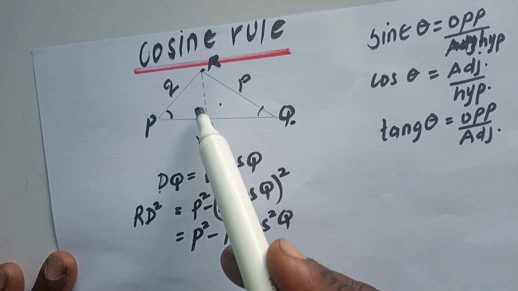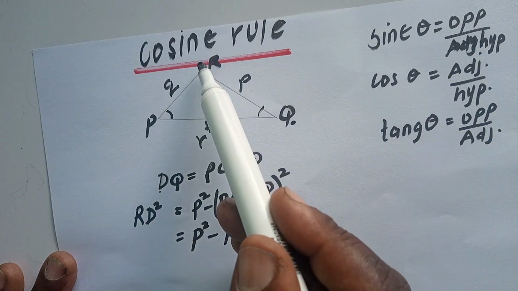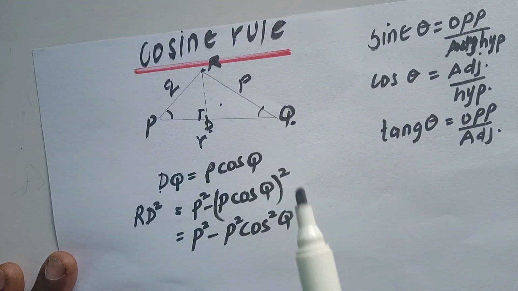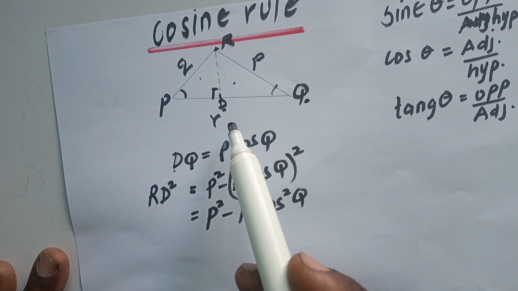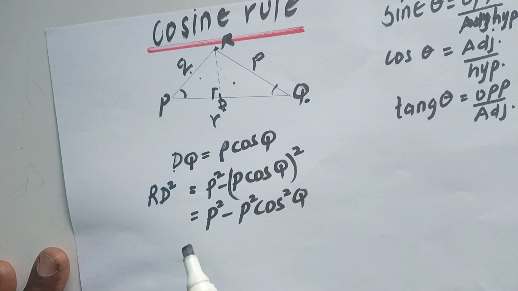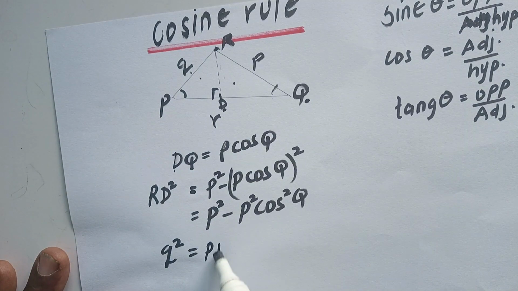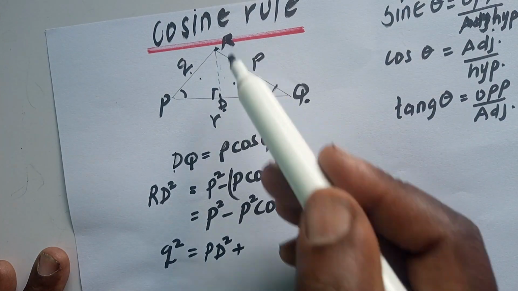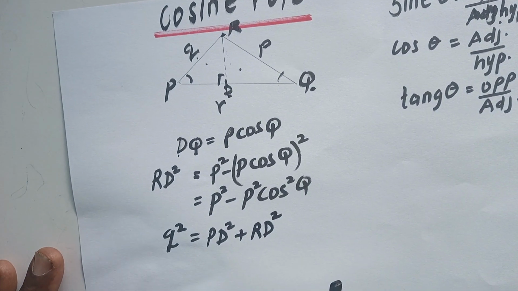Now we are through with this triangle here. Now let us move on to this other triangle here. We can call it triangle number 2. So triangle number 2, we use Pythagoras theorem to find whatever we want. So we can begin with Q squared. Q squared is equals to PD squared plus RD squared.